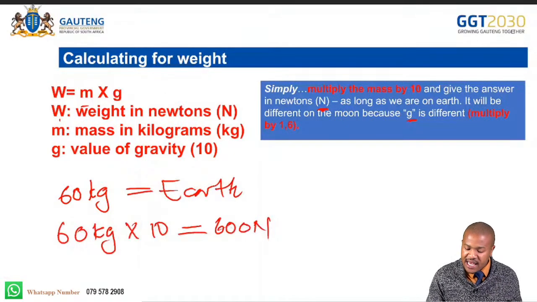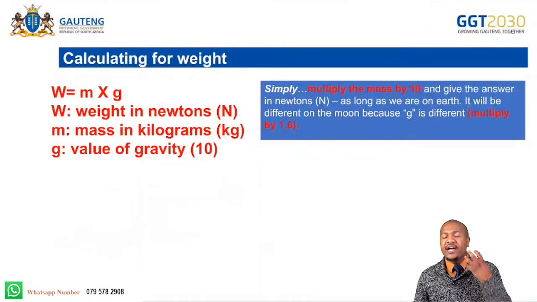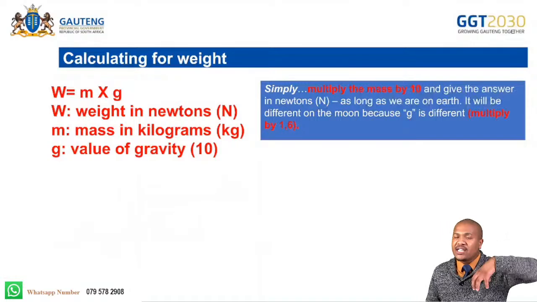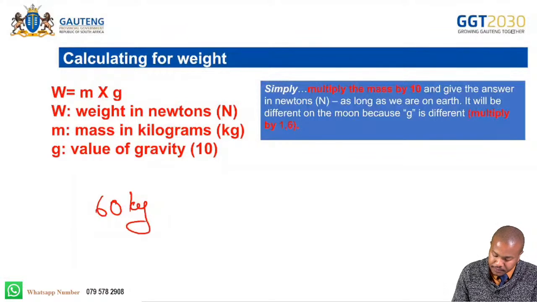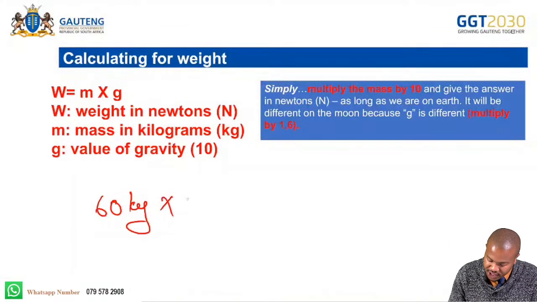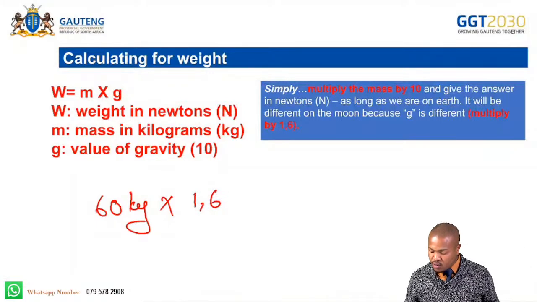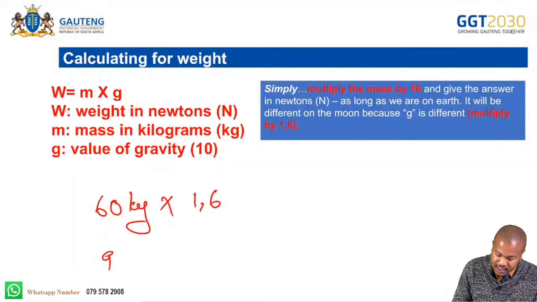That is the amount of force in this person, or the amount of weight of this person on Earth, right? So the same person visits the moon. When the same person visits the moon, the weight is going to change, but the mass of the person still remains the same, right? So it is 60 kilograms multiplied by the gravitational pull on the moon, which is 1.6, right? So it is going to be 60 kilograms multiplied by 1.6 to give us what? 96 what?